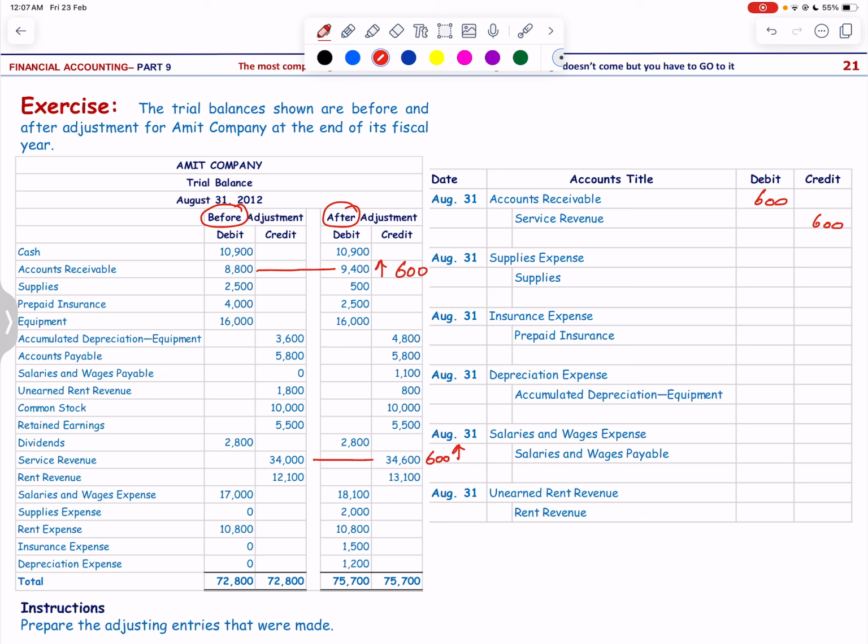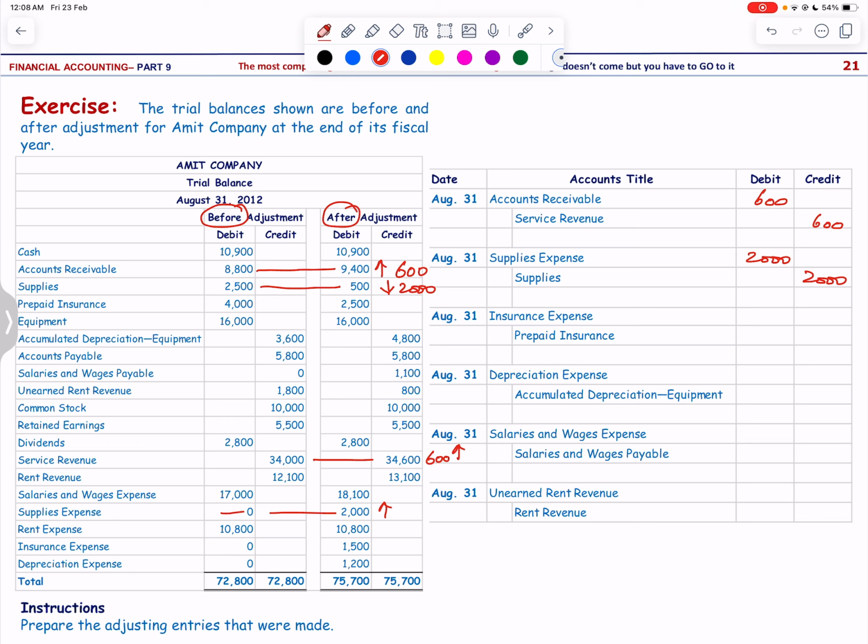We move on to the next one, and that is for supplies. You can see supplies has decreased by 2000, and that means there should be an increase in supplies expense, and you can see this has increased by 2000. So supplies expense is debit by 2000 and supplies is credit by 2000.